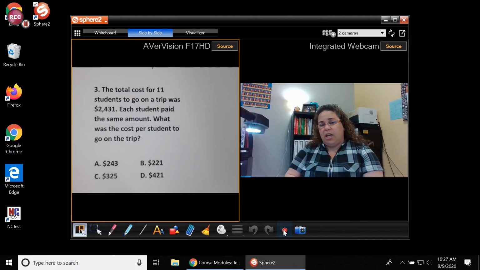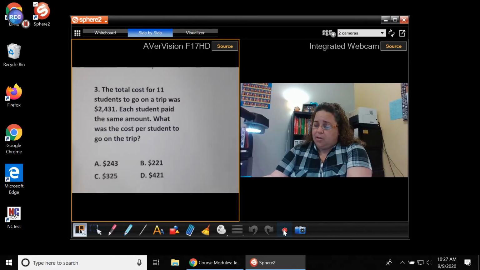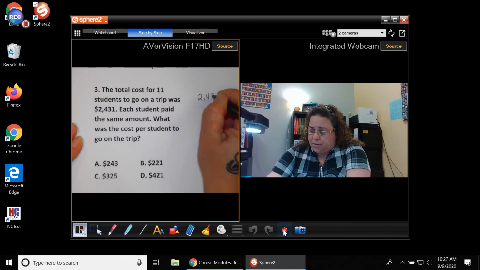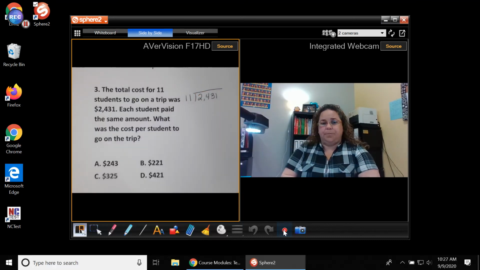So as you're looking at this, hopefully you're saying, oh, okay, this is a division problem because I have to figure out how much each student is paying. So that means I'm going to divide 2,431 by 11.